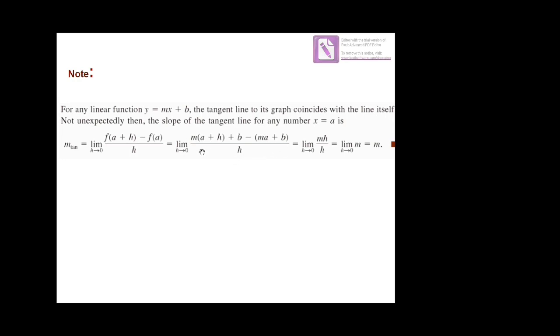Now here we have m multiplied by (a+h), so it will be ma plus mh. And we have here ma, so this ma will cancel with this ma. Then we have mh plus b minus b, so this b will cancel with this b because this one is negative. We are left from the numerator with mh, and from the denominator with h. We cancel h with h, so the limit of m when h approaches 0 will be m.